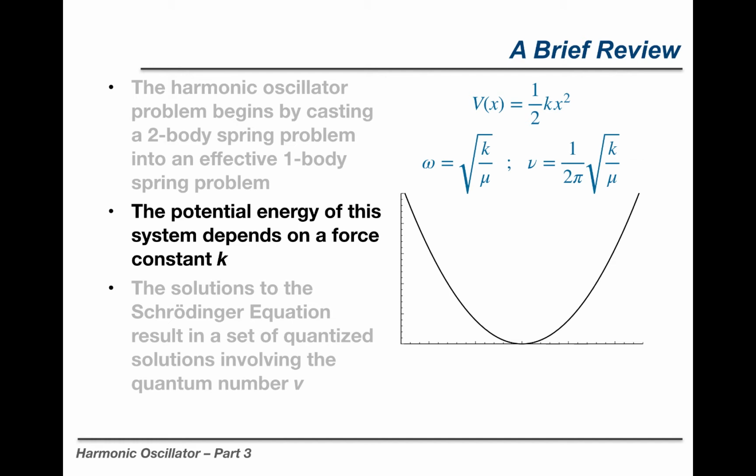In that case, omega is equal to the square root of k over mu, or in terms of the cycle frequency, nu, which is 1 over 2 pi times the square root of k over mu. Note that omega and nu are related to each other by a factor of 2 pi.